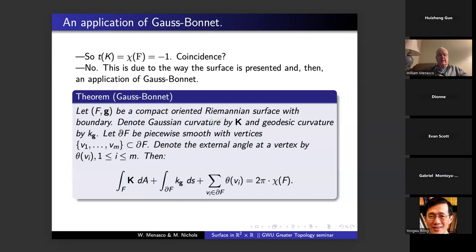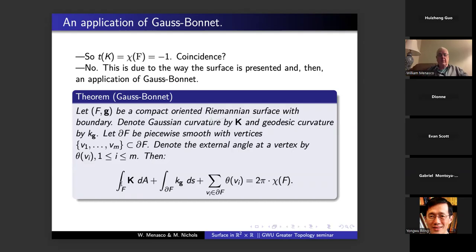So you've got the boundary of your surface. You let it be piecewise smooth, so it's got so many vertices and then smooth edges. And at each vertex there's an external angle associated with it. All right. And then you get this relationship.